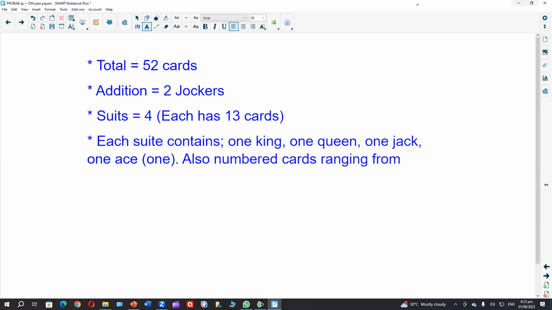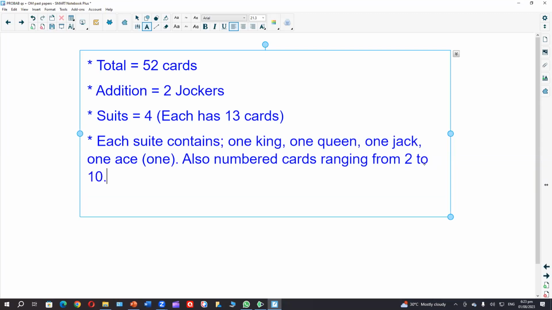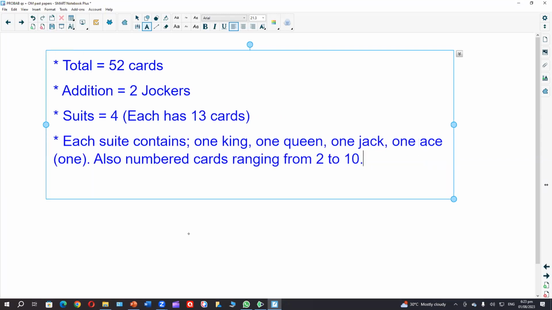Ranging from 2 to 10. This is a summary of the cards which you have to learn. And for the timing, you can just copy it.